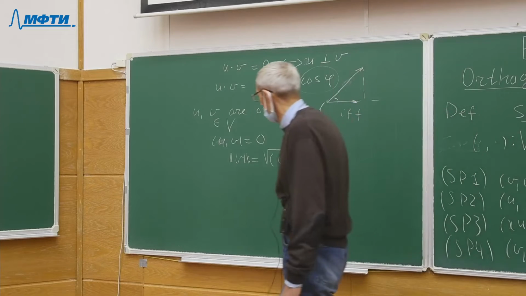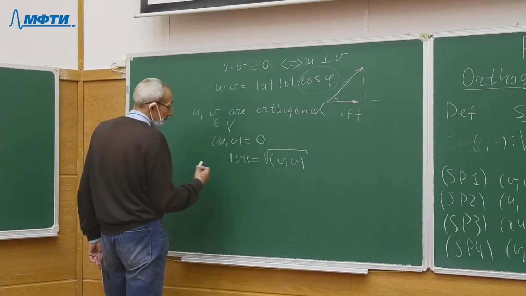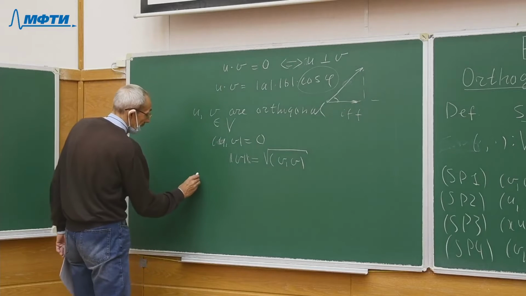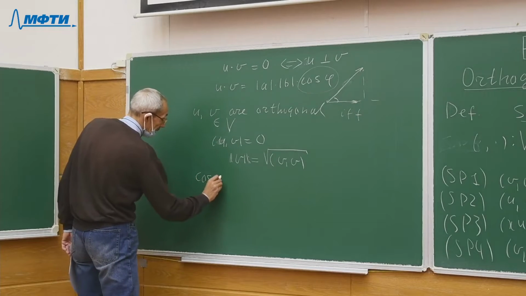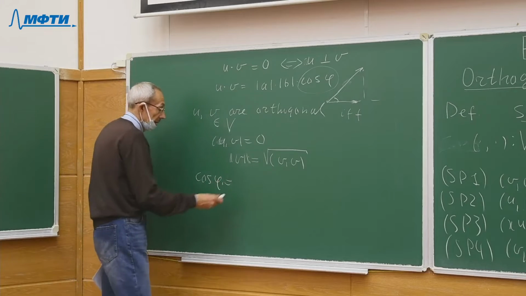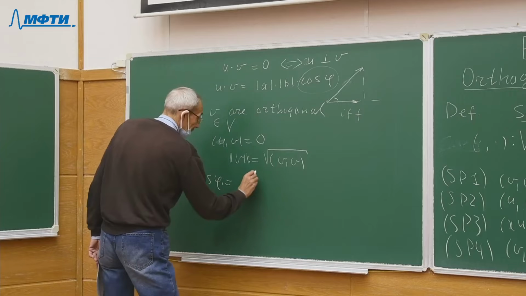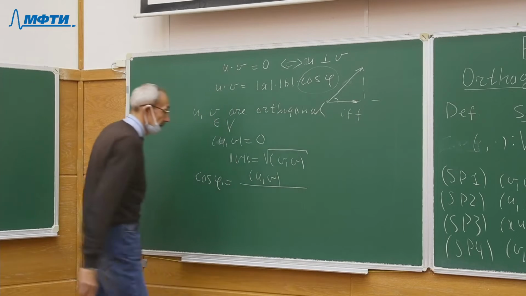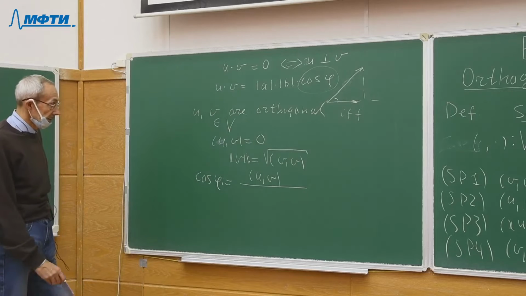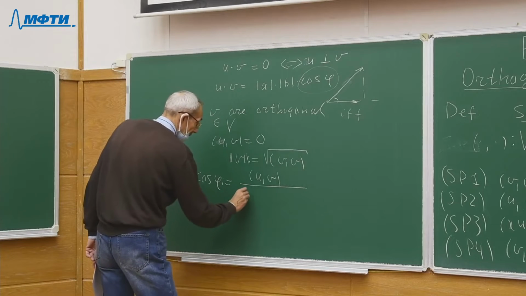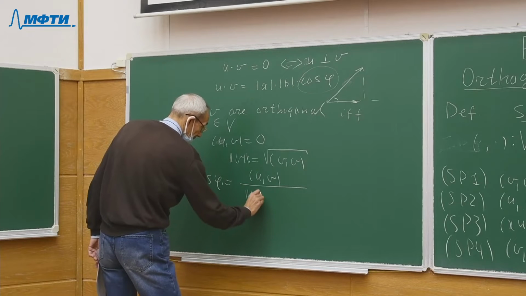And we can define also the angle between two vectors: the cosine of the angle we define by the following condition, the ratio of the scalar product of these vectors and the product of the norms of these vectors.